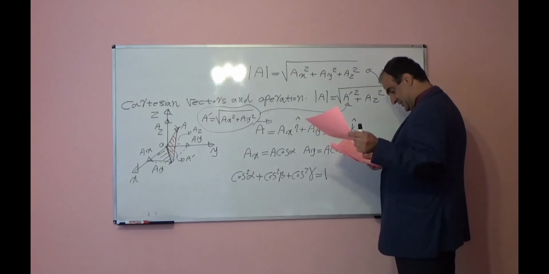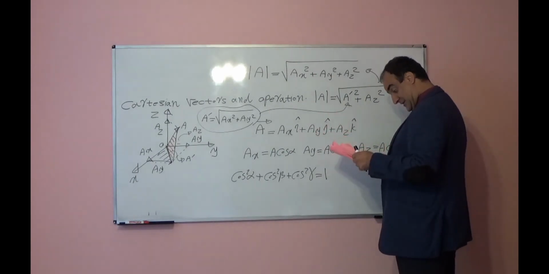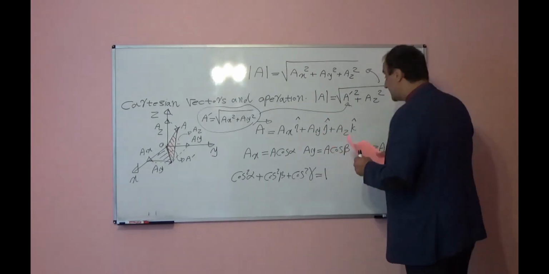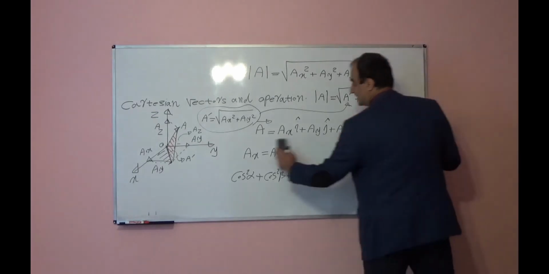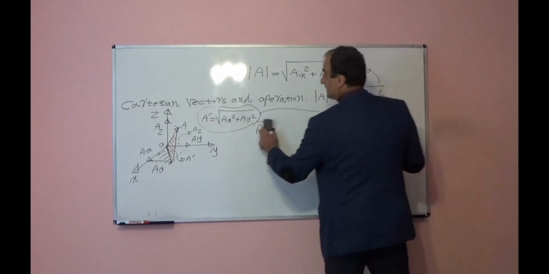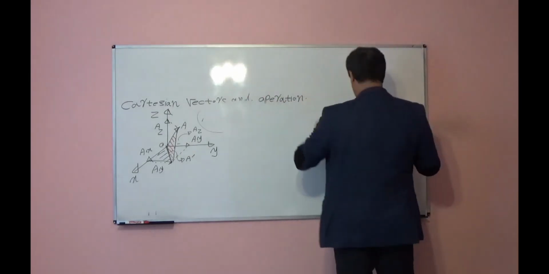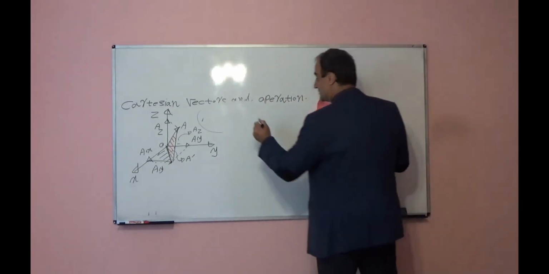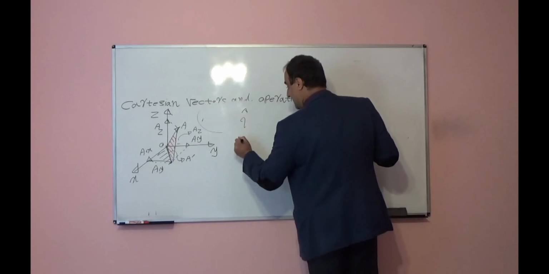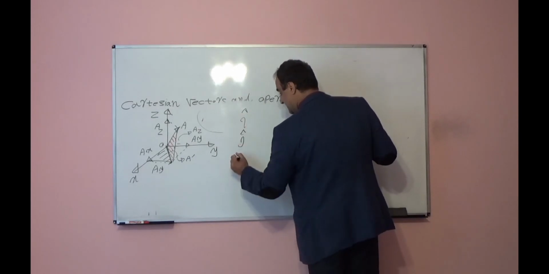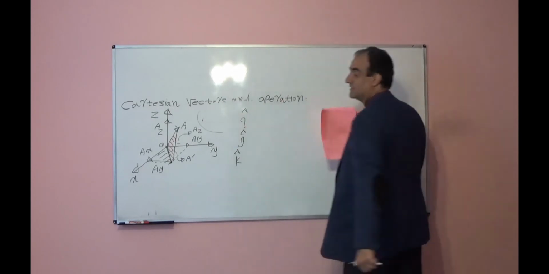Another important thing I should talk about here. I assume the unit vector in the x direction is i, in the y direction it is j, and in the z direction it is k.